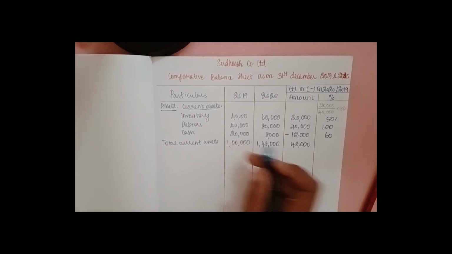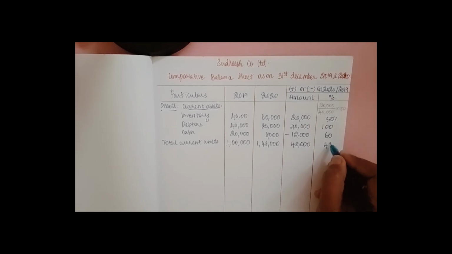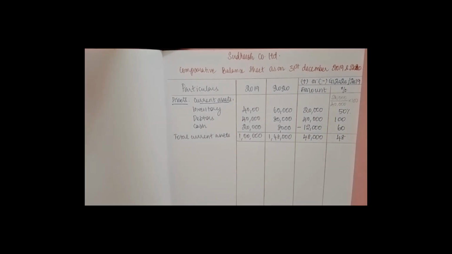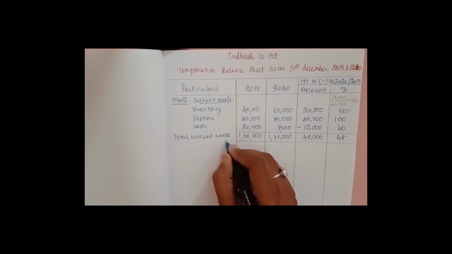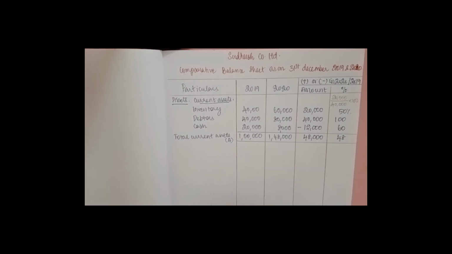So 48,000 divided by 1 lakh, which is 48%. Now let's keep this total as A.